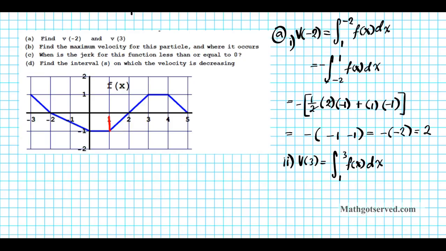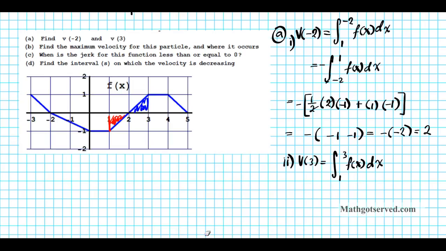We want to look for this area all the way to here, this area right here. Can you guess what the answer is just by inspection? These two areas are identical in size, but this is negative and this is positive. So what happens when you add two identical opposite quantities? They cancel each other out to 0. So this should be 0.